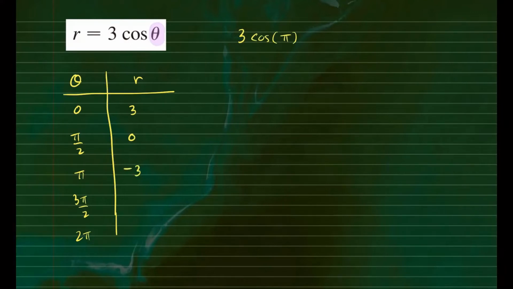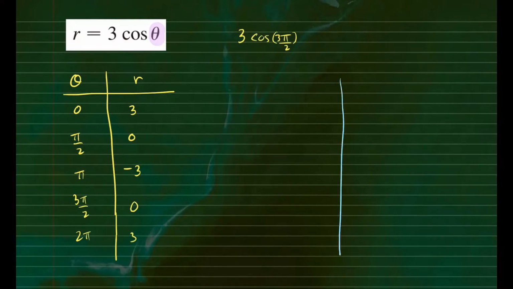And then for 3 pi over 2, we have cosine of 3 pi over 2. That's going to be 0. So this is going to be back to 0. And then for 2 pi, cosine of 2 pi is 1. So 3 times 1, that's going to be 3. All right, so here's our table of values completed.